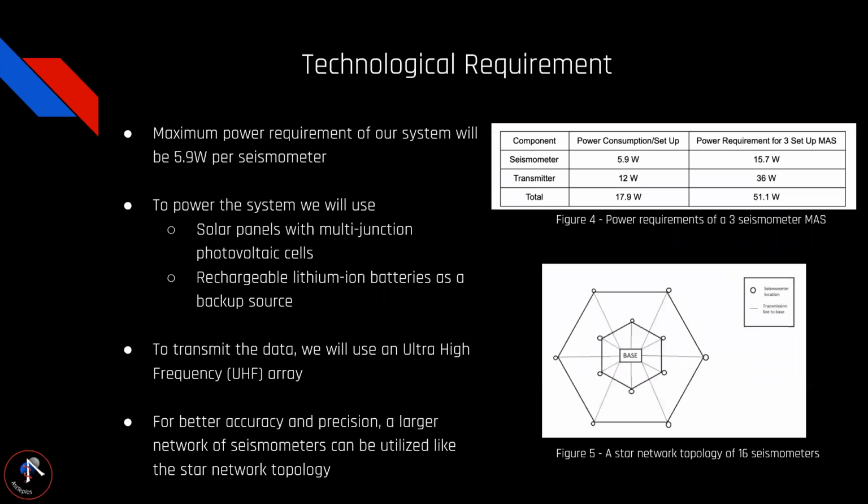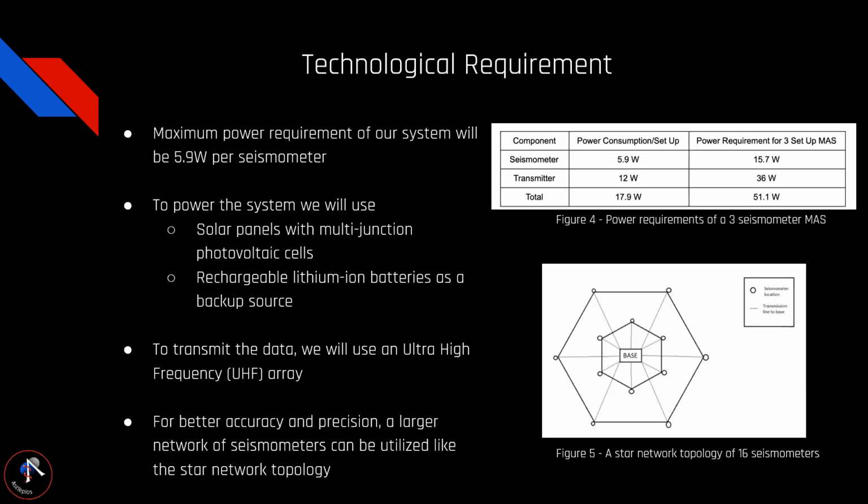Now talking about the technological requirements, this is about the power requirements of one seismometer station. We have collected data from NASA's previous missions, such as the InSight rover in the Mars mission for the seismometer power requirement, and the Odyssey mission for the transmitter requirements. From the data collected from these highly accurate payloads, we found that it will require a maximum of 5.9 watts and 12 watts respectively.